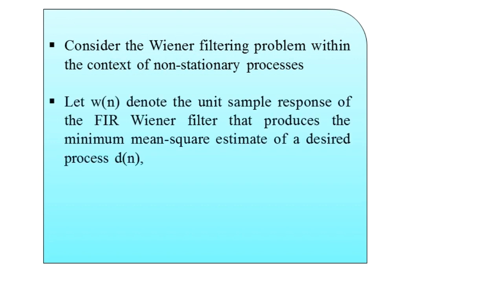This is one of the very important metrics, the minimum mean square estimate for the desired process. This estimate can be mathematically denoted with a cap over the head of d of n. So I express it as d cap of n equal to the summation with index variable k ranging from 0 to p of w of k multiplied by x of n minus k.